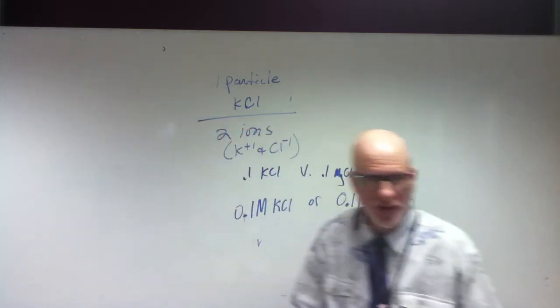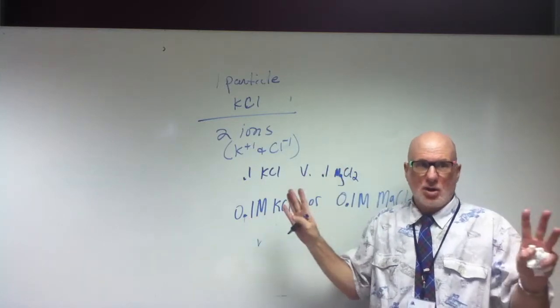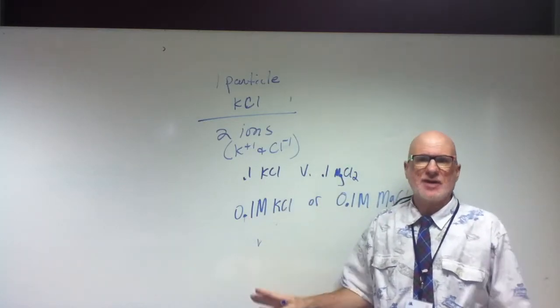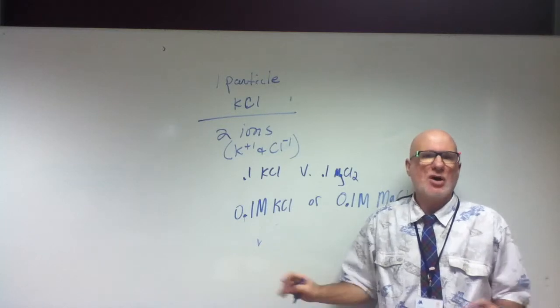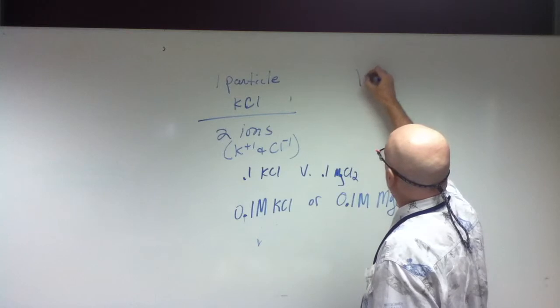Yes or no? Let me say it again. For every 1 mole of potassium chloride, how many moles of ions are you going to get? 2 moles, right? Yes or no? Okay, good.